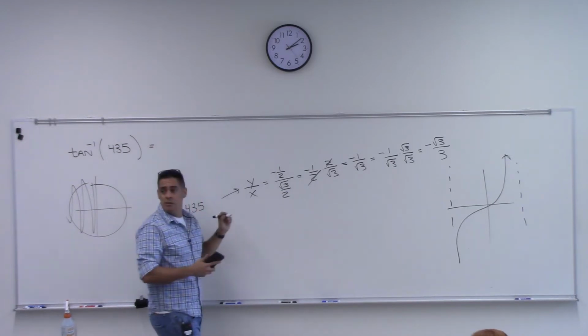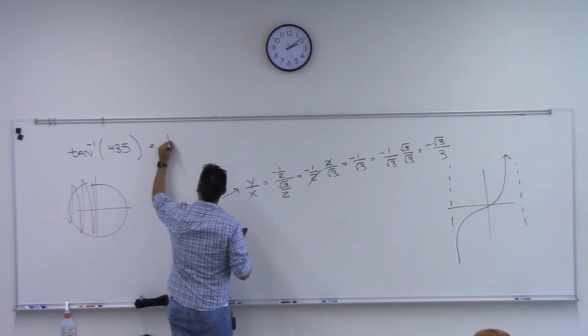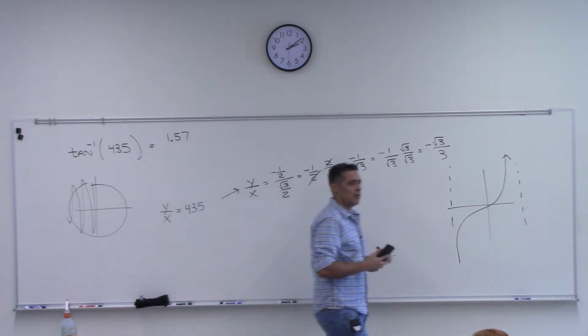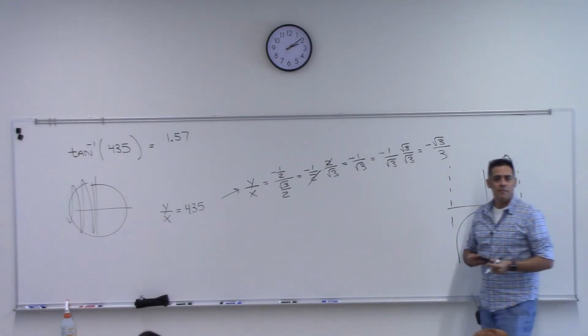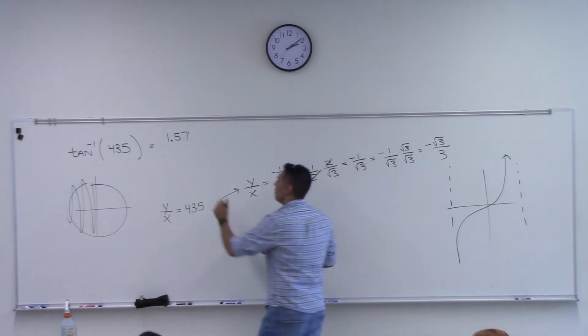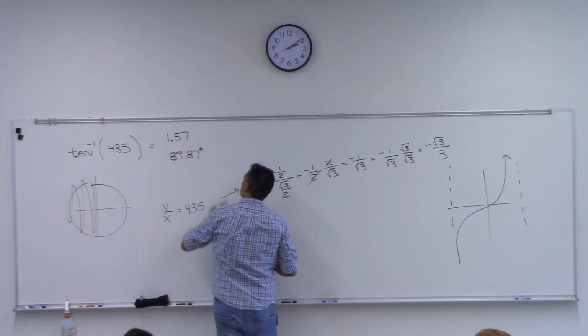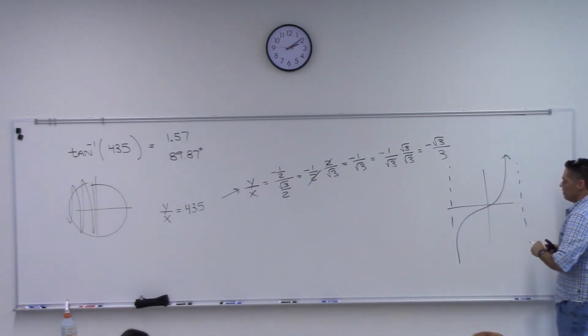What do you got? 1.57 radians. And in degrees, it's going to be really close to 90. What is it? 89.87 degrees. Does that make sense to you all? Look at this picture. This is the tangent function.